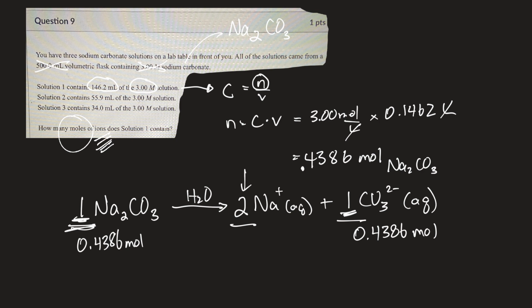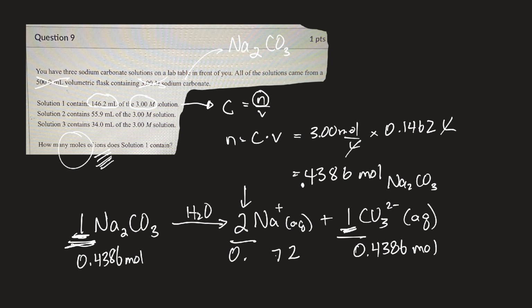Hopefully I said double. So that'll be 0.4386 times by 2, which is 0.8772. Is that right? I think it's pretty close.